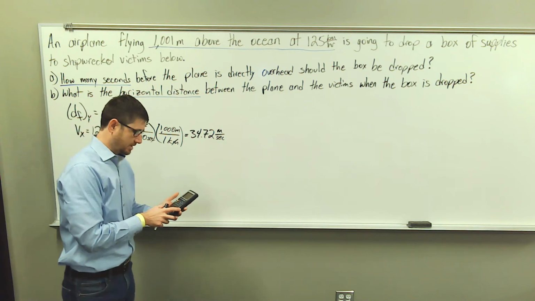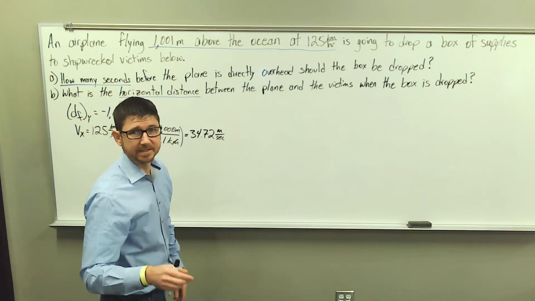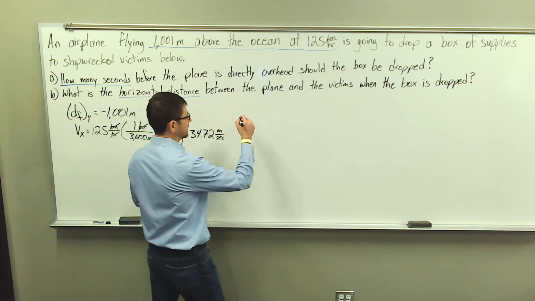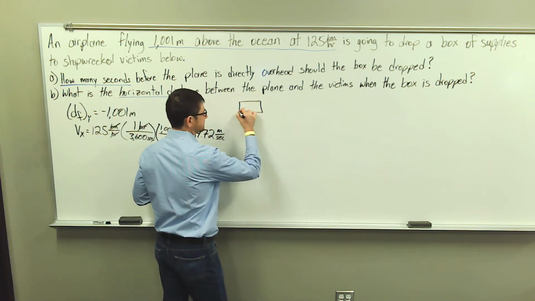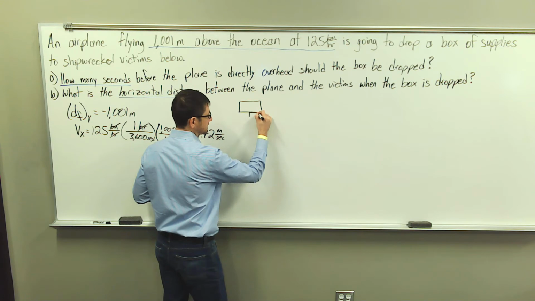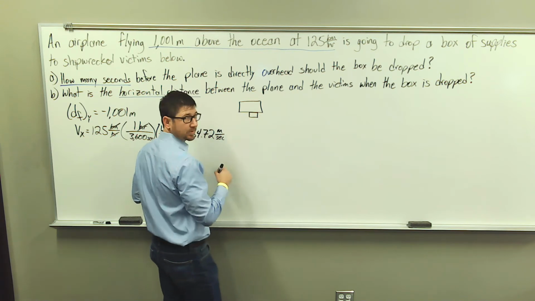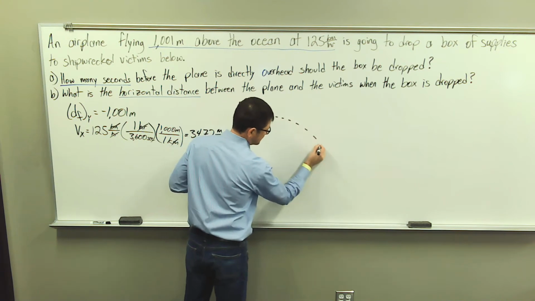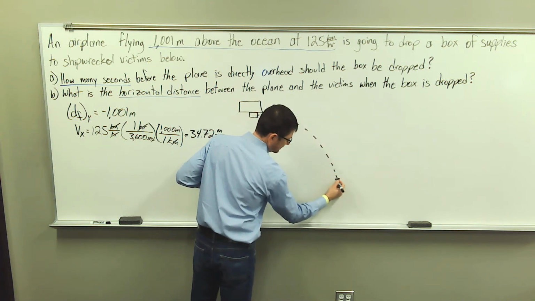All right. The next thing we need to do is draw a picture. So if we have an airplane here flying with the box, and we're dropping it on a target here.